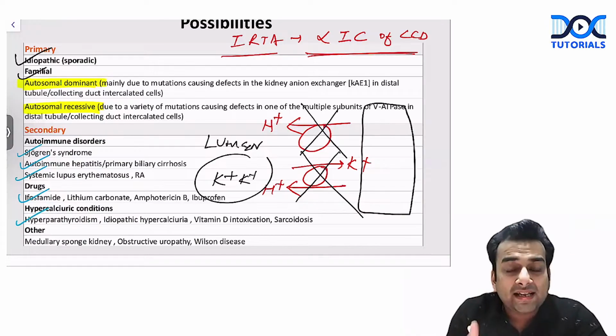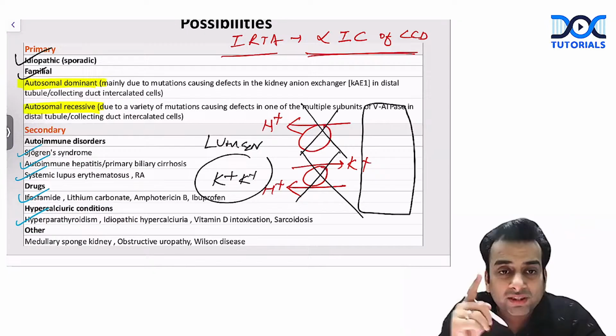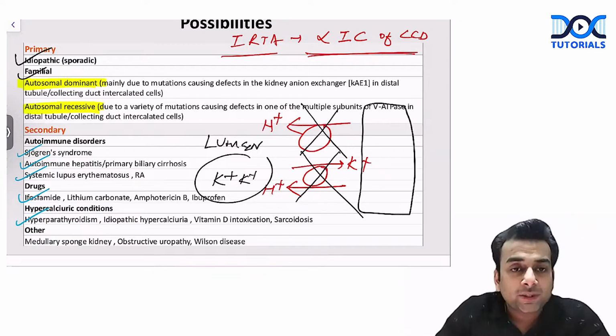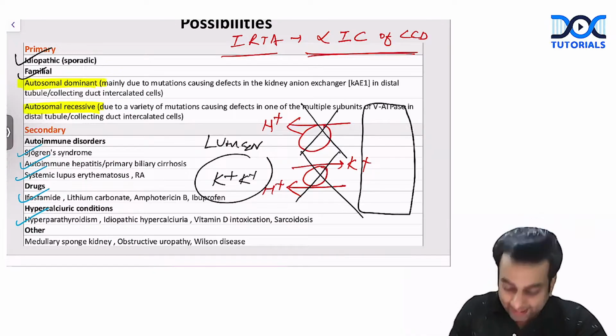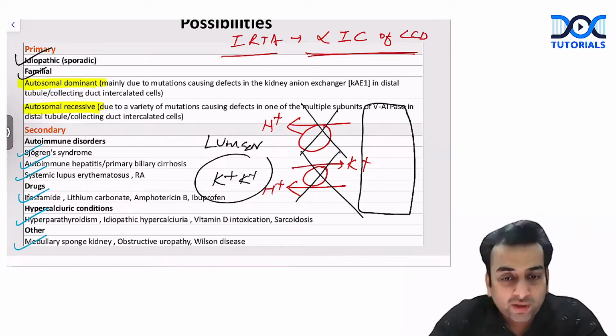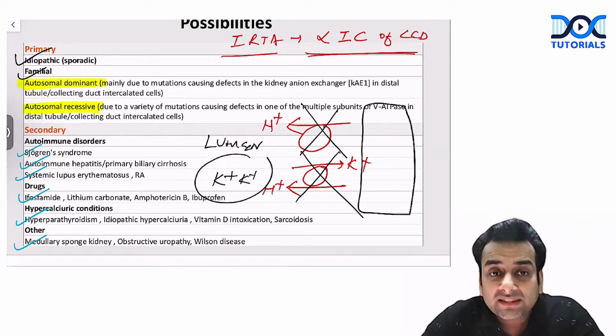That is why I said that there was no nephrocalcinosis. Also idiopathic hypercalciuria, vitamin D intoxication, sarcoidosis, and other causes like medullary sponge kidney, obstructive uropathy, and Wilson's disease. You remember, we have ruled out each one of them.